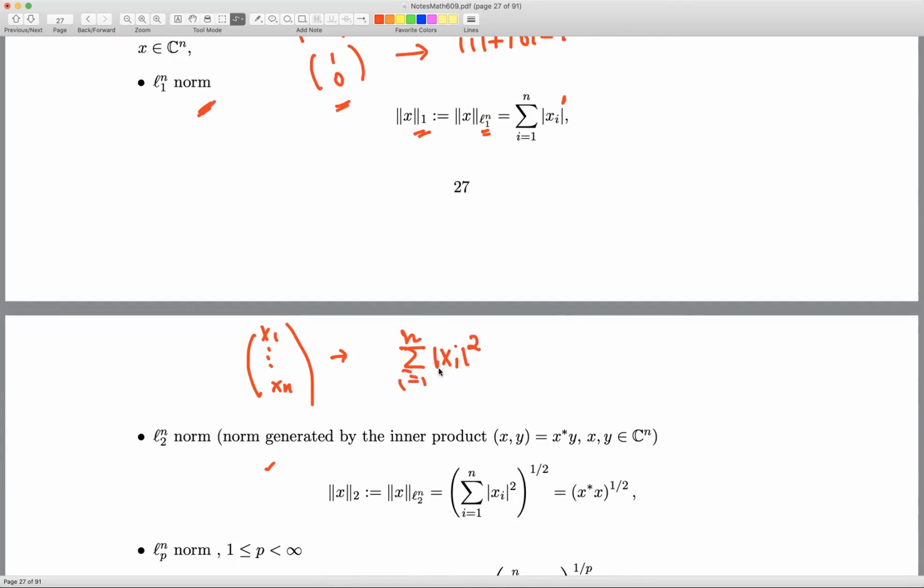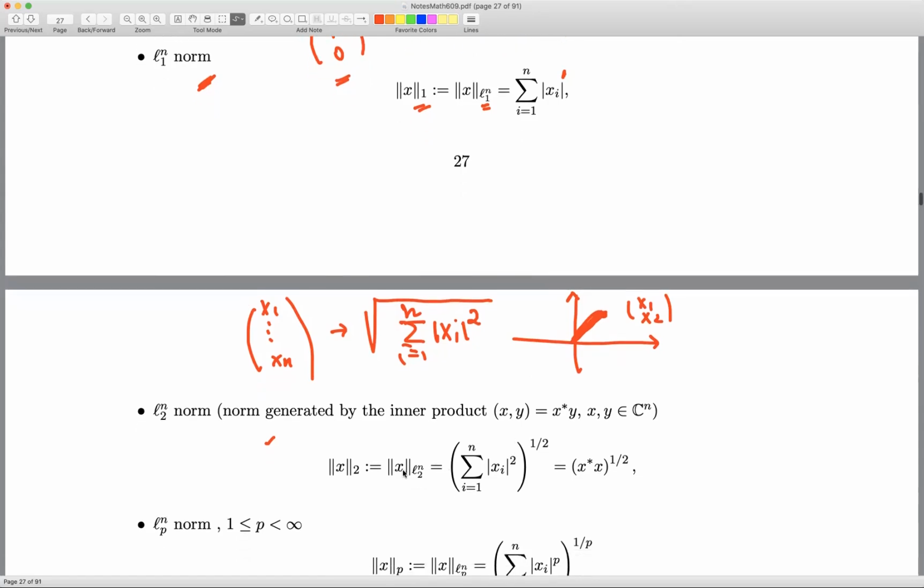Here we may not put the absolute value because we have the square, and then we take a square root. If we look at the geometric interpretation in R2, if this is a vector x1, x2, then the magnitude is basically the distance of this point to the center of the coordinate system. This is the Euclidean distance, the length of this line segment.